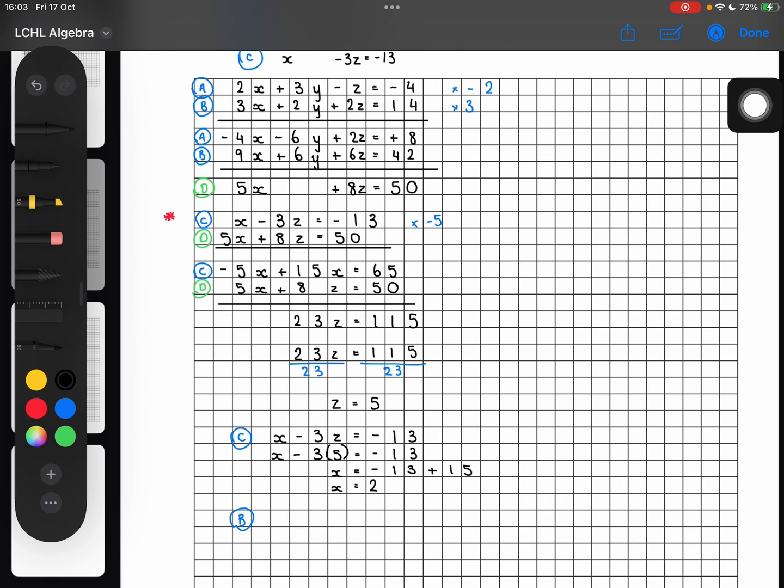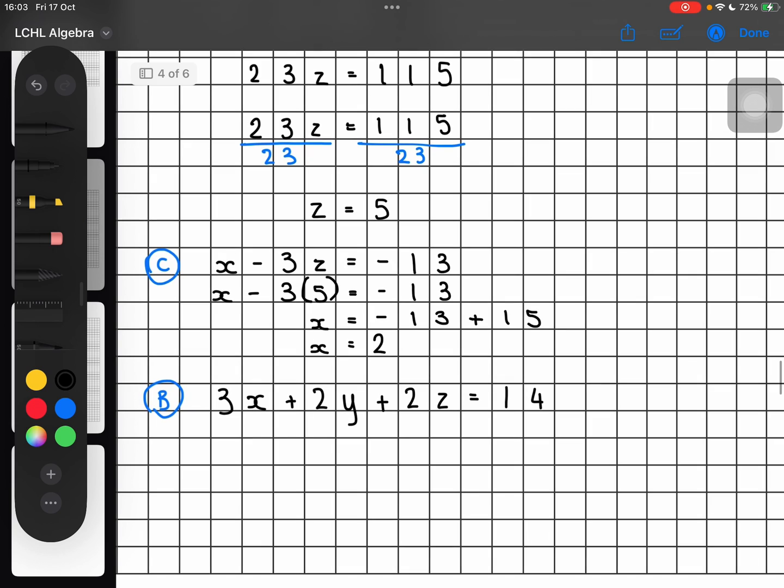But it was 3x plus 2y plus 2z is equal to 14. And now I can sub in for x and for z. So x, I'm subbing in 2, plus 2y, plus 2 times 5 is 14.